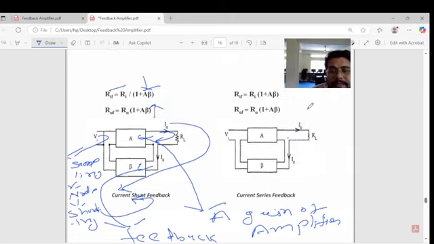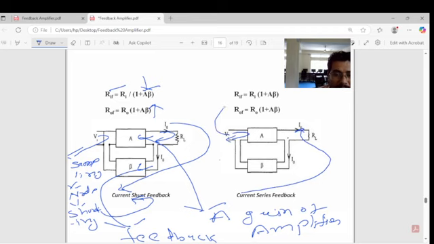And next is current series. This term is decided by this term, because of current. Here current is there, and the input mixing is there, because here series is formed.